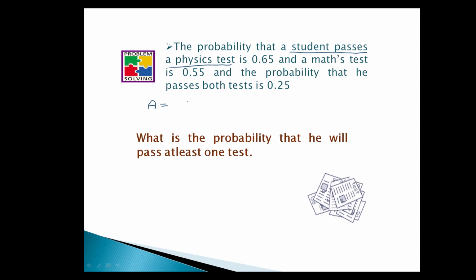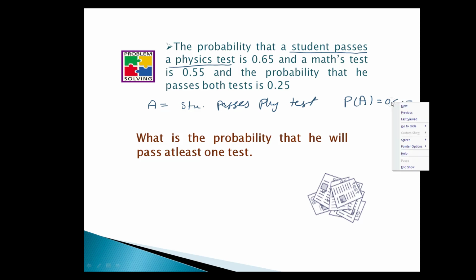So we need to define the events first of all, and we need to write whatever information is given to us. So the first event is passes physics test, and it is given to us that P of A is 0.65. 65% chances are there that a student will pass a physics test. Now the next part of the question says and a maths test is 0.55.